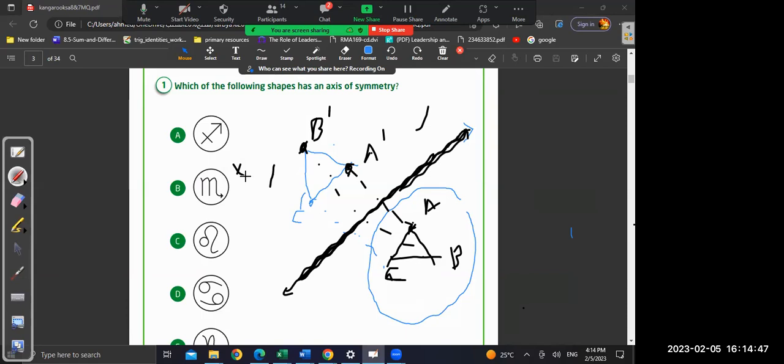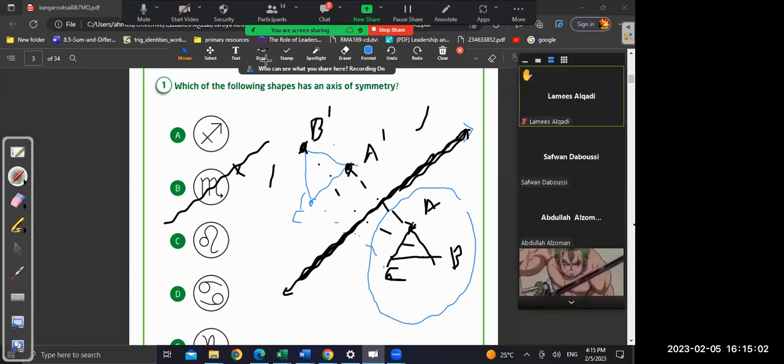No. Why? Because if you put a line through it, they won't be equal. They're not going to be symmetric. It's not going to be a mirror.